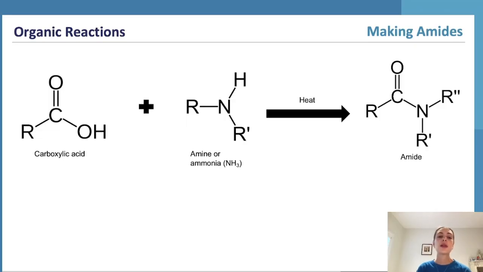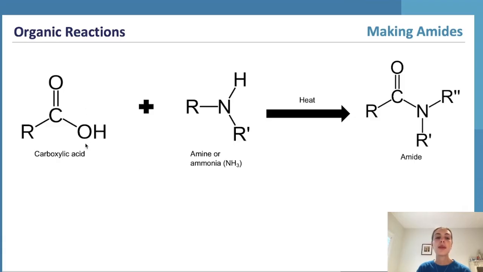Our next reaction we want to look at is making amides. So in order to make amides, we can combine carboxylic acids and either an amine or ammonia under high heat as a catalyst in order to make an amide.